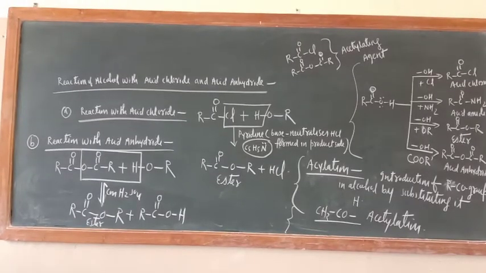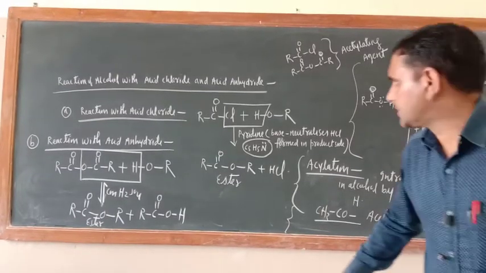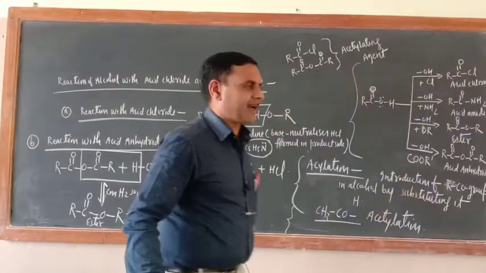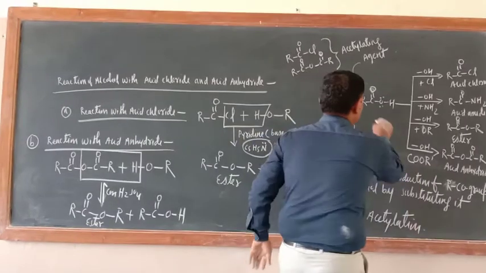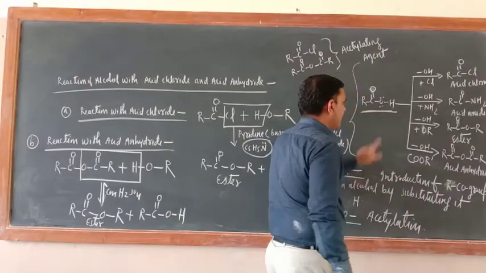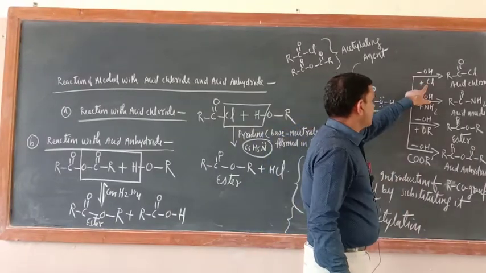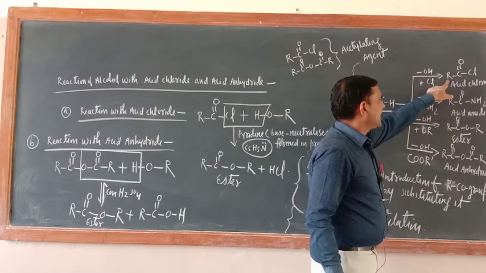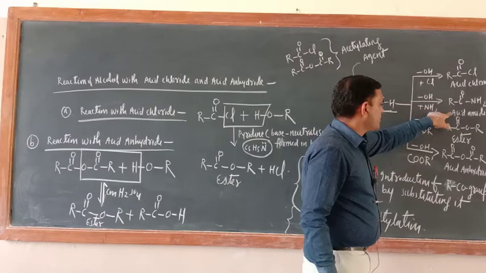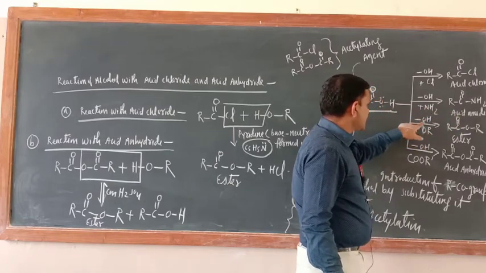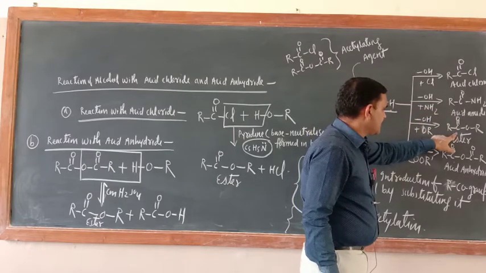Now reaction of alcohol with acid chloride and acid anhydride. First you understand this one. What is this? Carboxylic acid. Replace its OH by Cl, so what will you get? Acid chloride. Replace its OH by NH2, acid amide. Replace its OH by OR, ester.